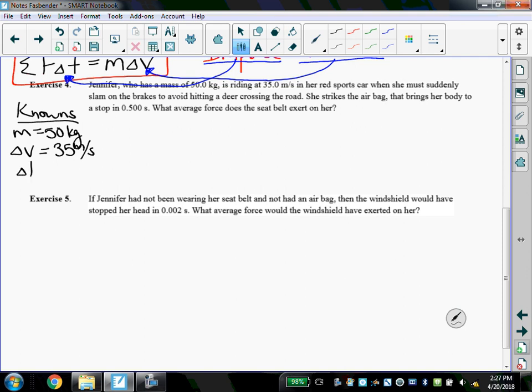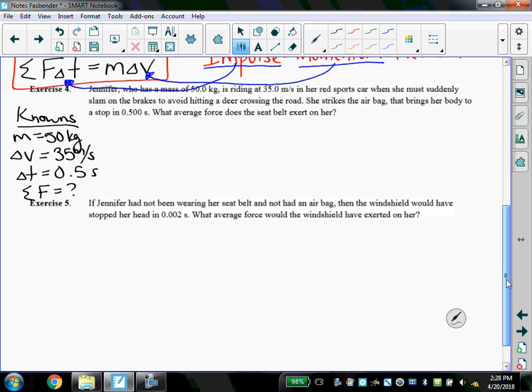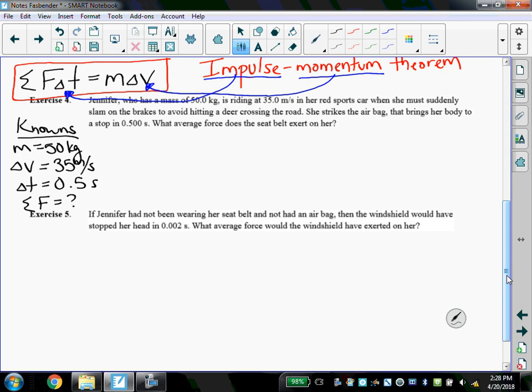We know that this takes a time of 0.5 seconds, and I'm asking you to tell me what force she is going to experience. So if we look at those knowns, hopefully we see right away that those four knowns are present in the impulse momentum theorem. F net delta t is equal to m delta v.